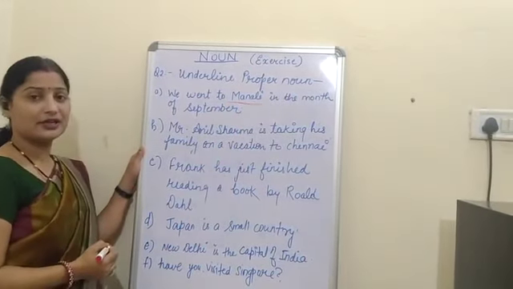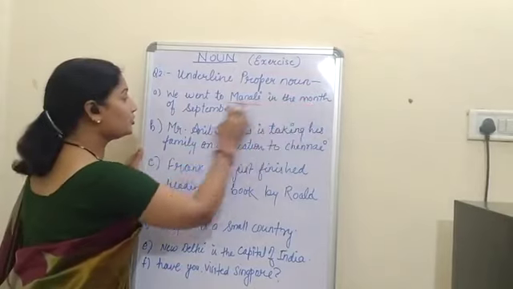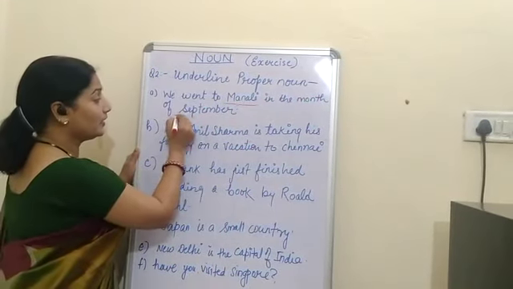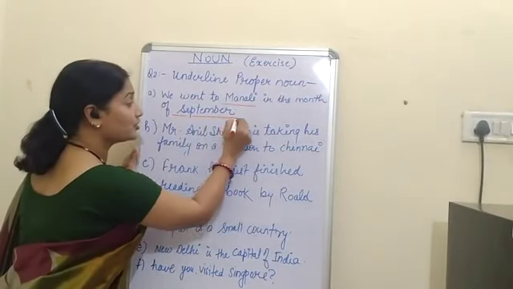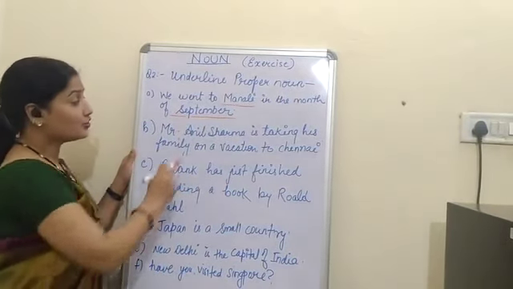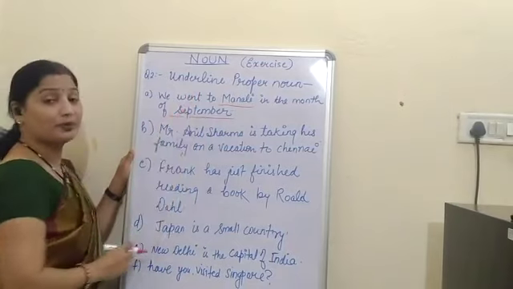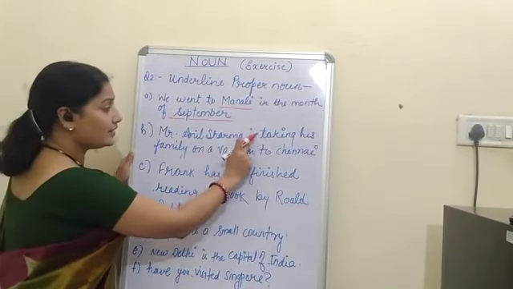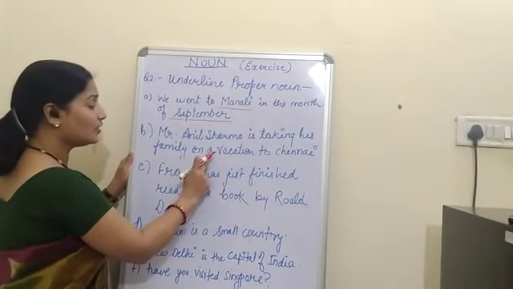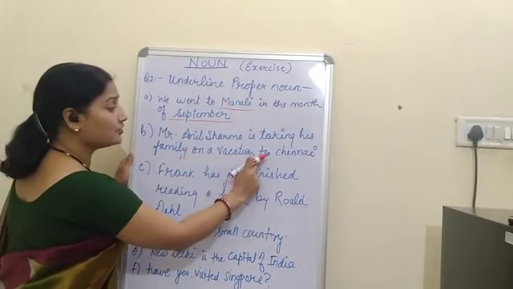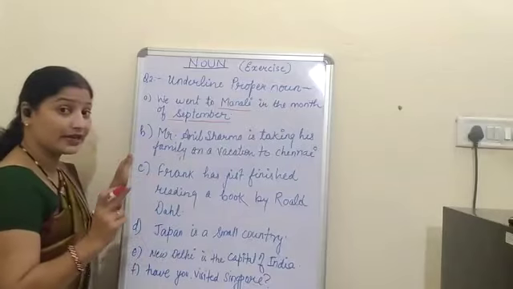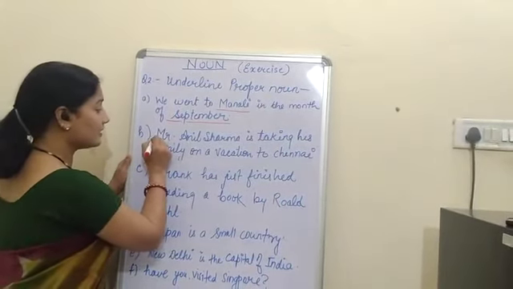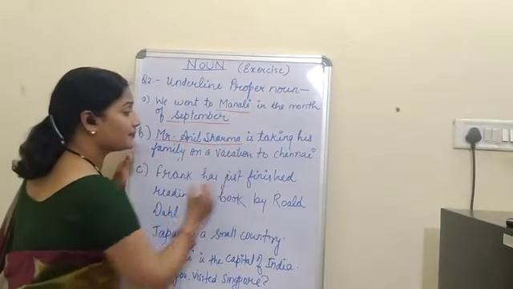proper noun. Now, in the month of September, once again a particular month is given. So this will be your proper noun. Next, Mr. Anil Sharma is taking his family on a vacation to Chennai. Again, the name of a particular person, that is Mr. Anil Sharma.